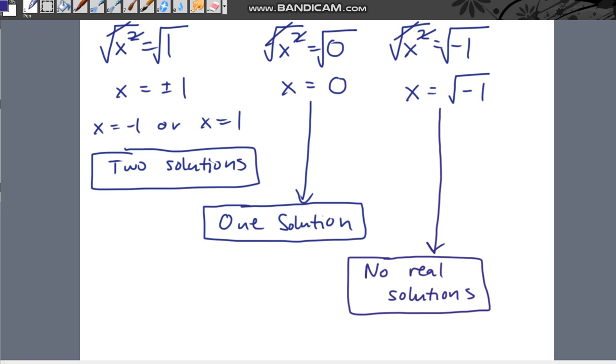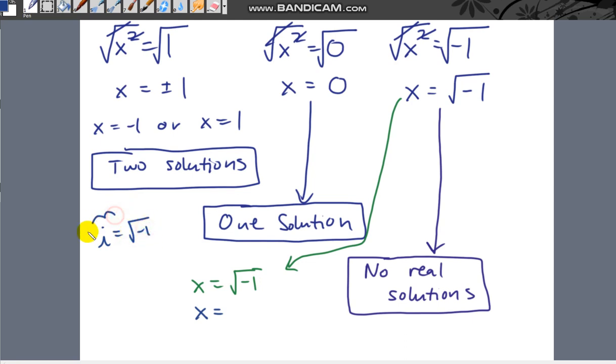If, however, we were to solve something like this, x equals the square root of negative 1. If you remember, when we take a square root of something, we want to consider both positive and negative solutions. Since i equals the square root of negative 1, we can change this to plus or minus i. So x equals negative i or x equals positive i.